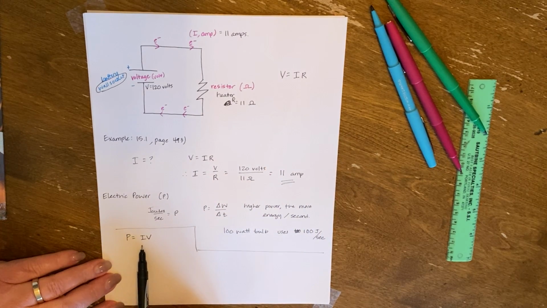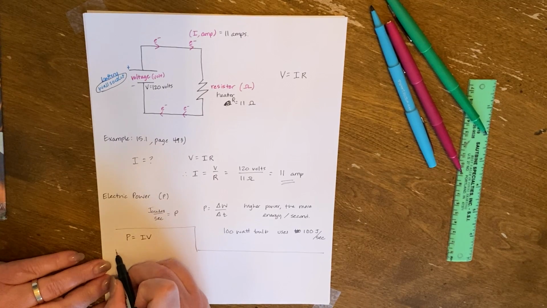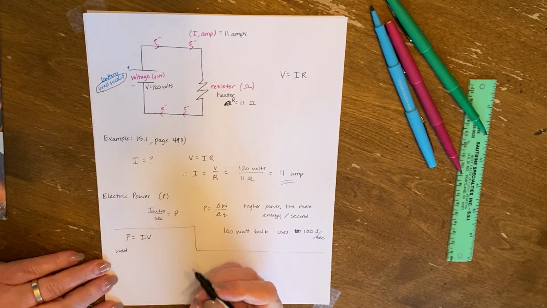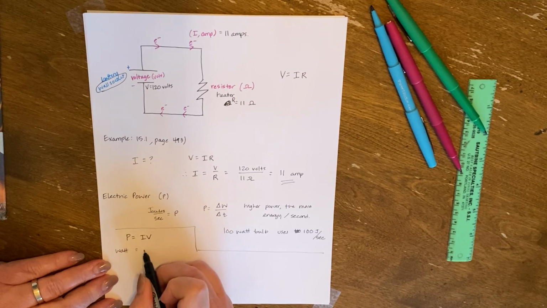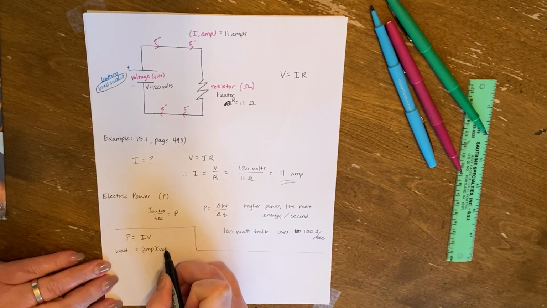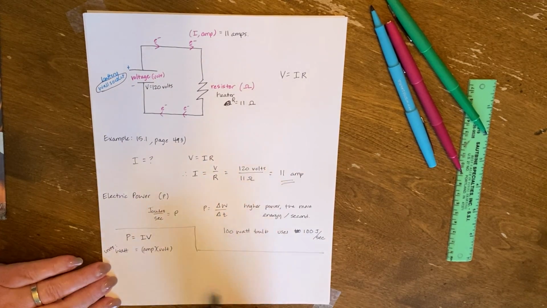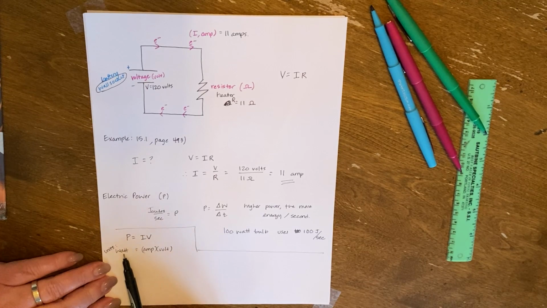So when we're talking about electrical power, we're going to use the equation I times V, or current times voltage. In terms of units, we're still going to use watt. So a watt is equal to an amp times a volt. These are just the units. So power, the unit, is still the same. It's a watt, and obviously that must equal an amp times a volt.